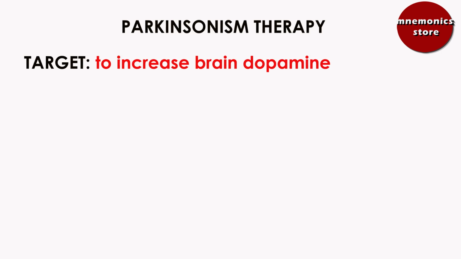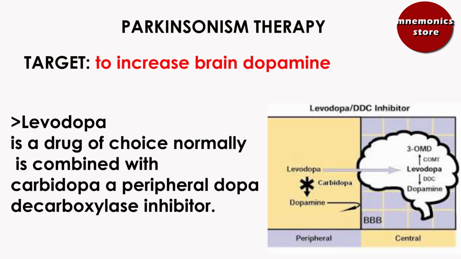Parkinson's disease therapy. In therapy to control Parkinson's, the target is to increase brain dopamine. Levodopa is the drug of choice, and normally it's combined with carbidopa, a peripheral dopa decarboxylase inhibitor.